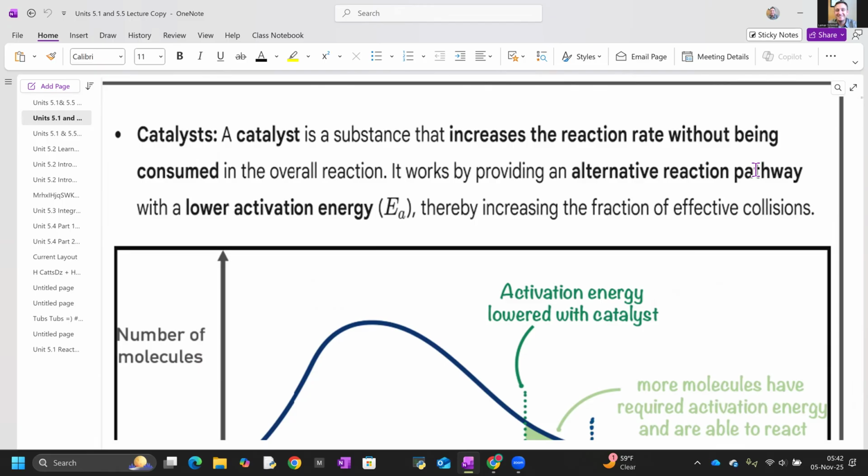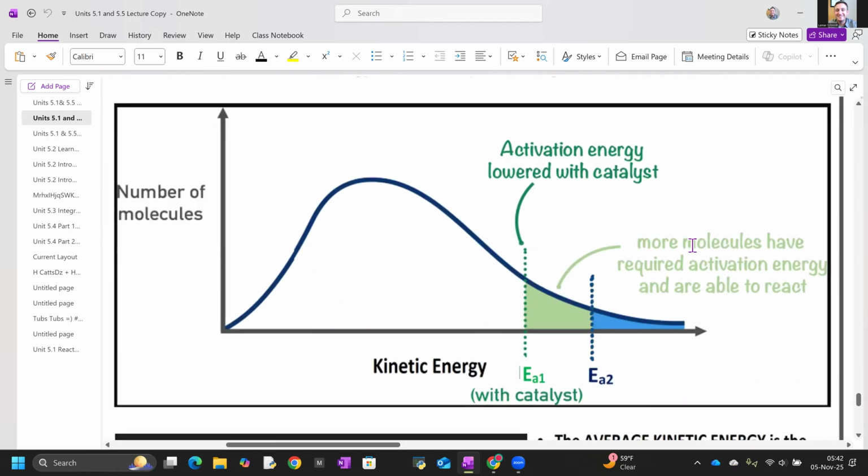And so if we go back to our Maxwell-Boltzmann distribution, here is a reaction, and we're not going to change the number of collisions. We're not going to change the concentration. We're not going to change the average kinetic energy. We're not going to change the surface area. The only thing we're going to do to this reaction is add a catalyst.